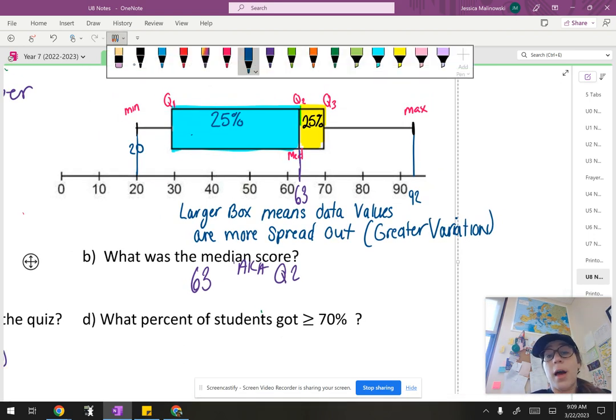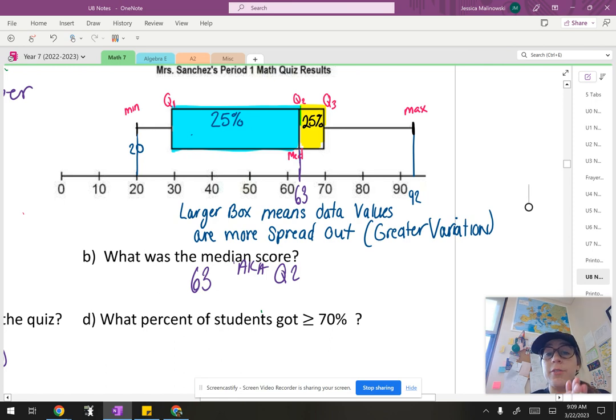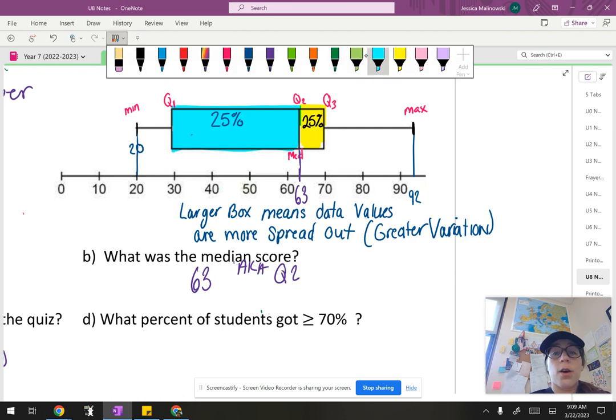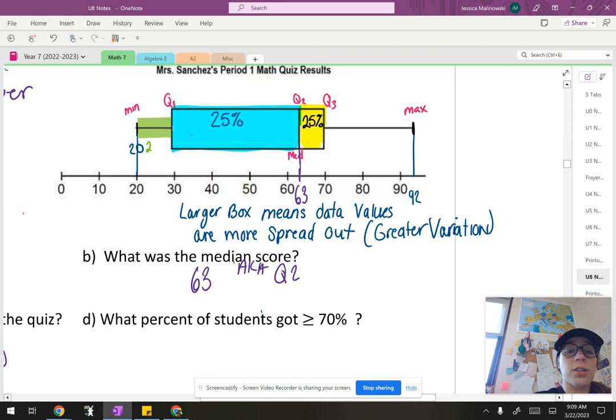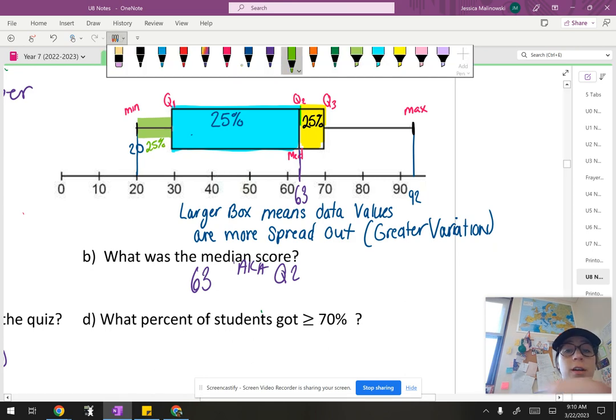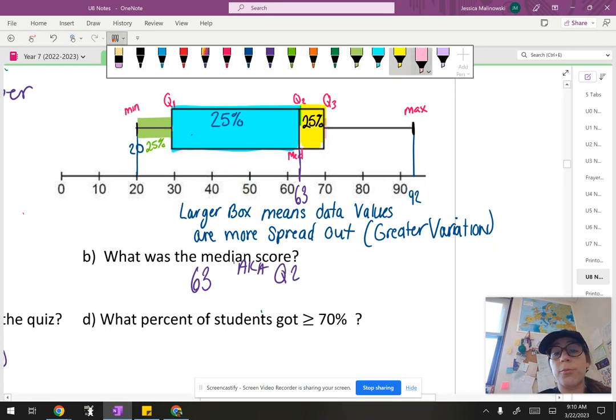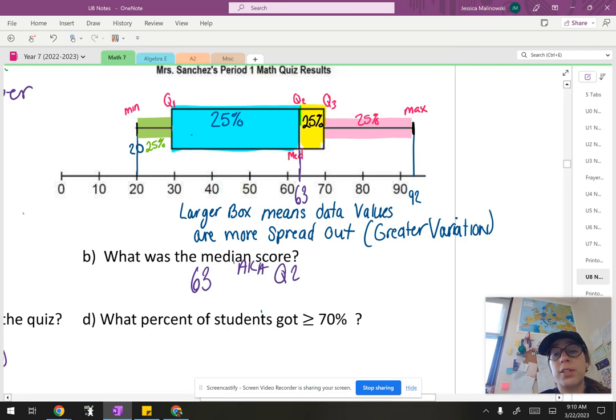If I add the blue box and the yellow box, that still gives me 50% of the data, even though they're different size boxes. From the minimum to Q1, that's still 25% of the data, just like from Q3 to the maximum is still 25% of the data.